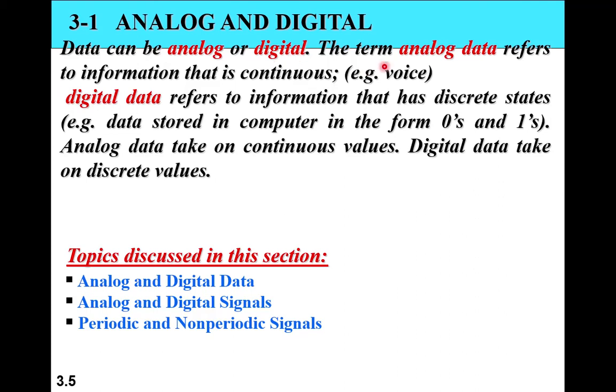Analog data refers to information that is continuous, for example voice, and digital data refers to information that has discrete states, for example data stored in the computer in the form of zeros and ones. Analog data takes continuous values, while digital data takes discrete values. Similarly, the signal can be analog or digital.